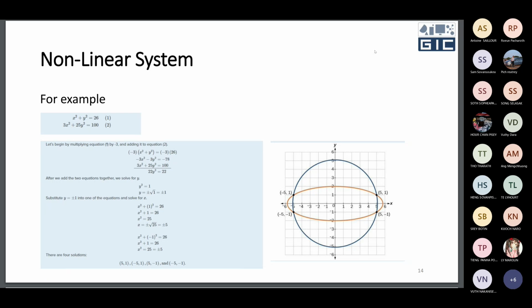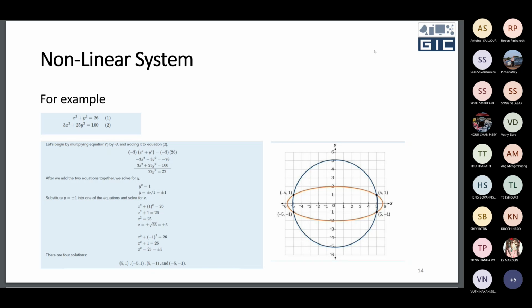So if you use substitution, you cannot find the solution. But when the degree is the same for the first equation and the second equation, the easiest way is to multiply one equation to have the same coefficients. After that, you just subtract the equations.